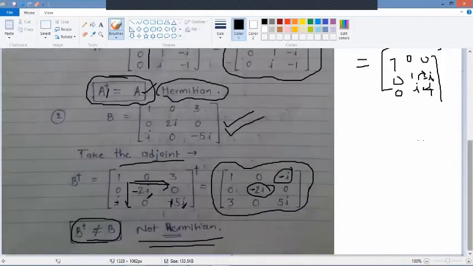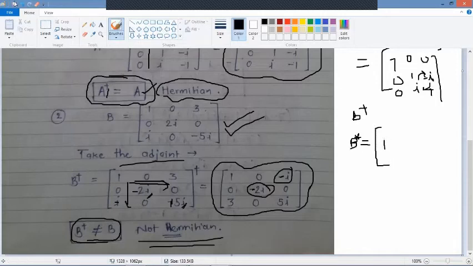Okay, I'm going to solve this again. First of all, take the complex conjugate. I'm solving for the adjoint. First take the complex conjugate.